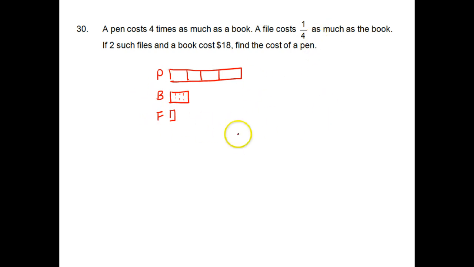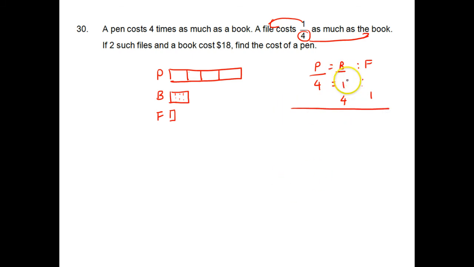Okay, now another way to represent this, we can use our ratio method. Okay, so a pen is to book. My pen is to my book is 4:1. File is 1 unit and book is 4 unit. So file is 1 unit, book is 4 unit.